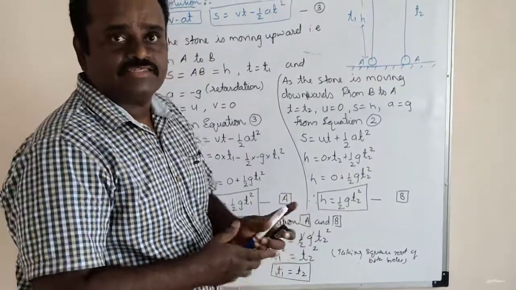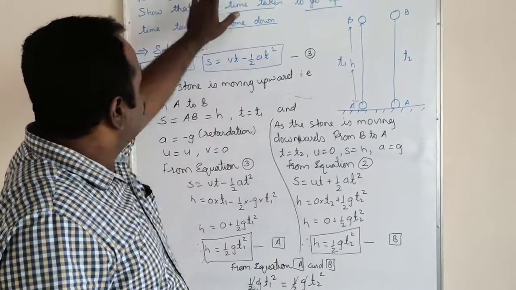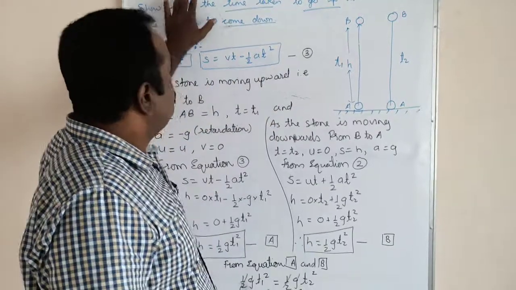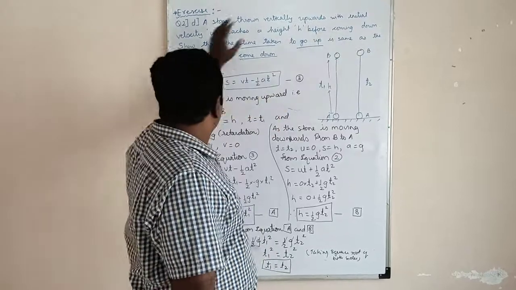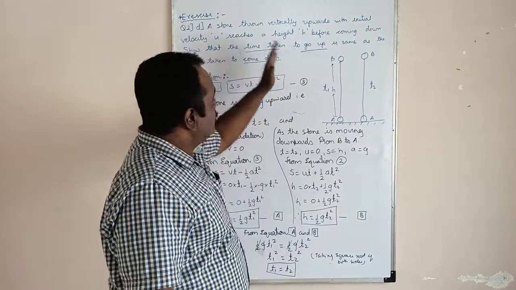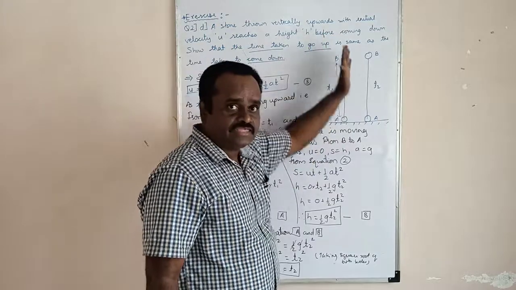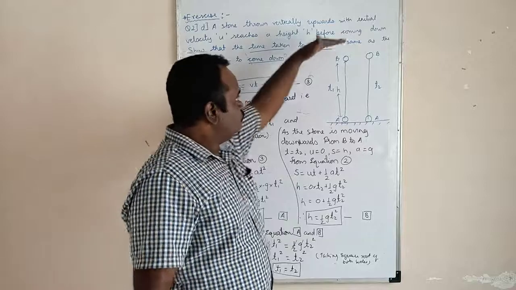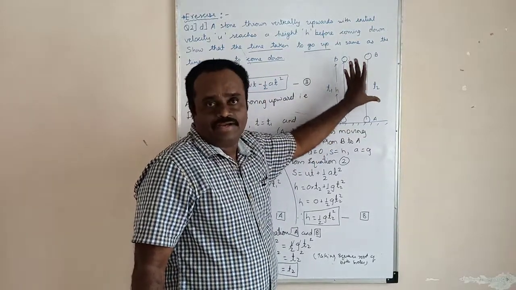So friends, in this way we can show that whenever a stone is thrown vertically upward with initial velocity u, which reaches a height h before coming down, the time taken by the stone to go up is the same as the time taken for the stone to come down from that height.